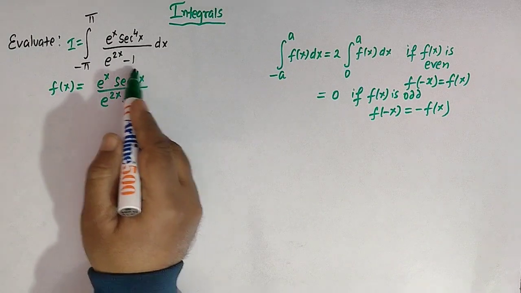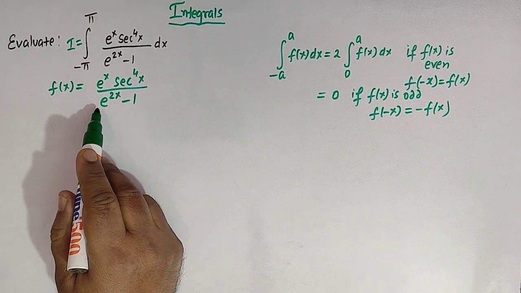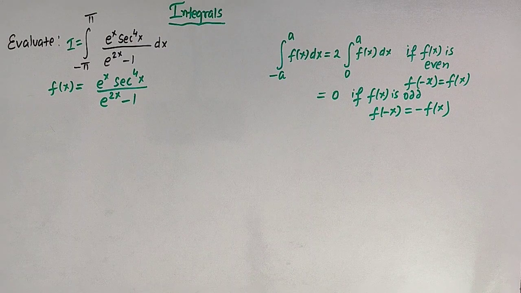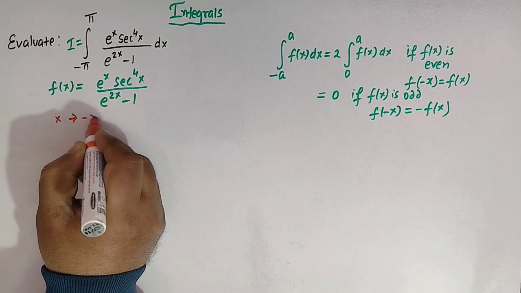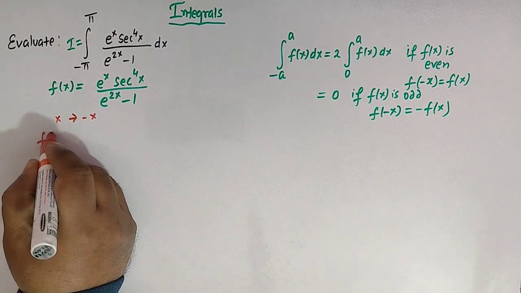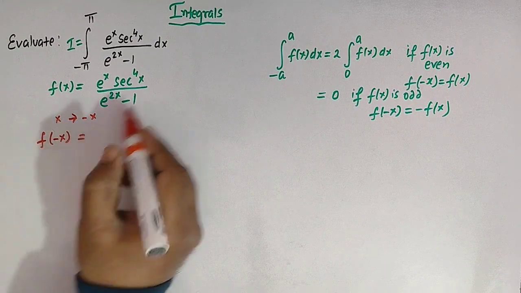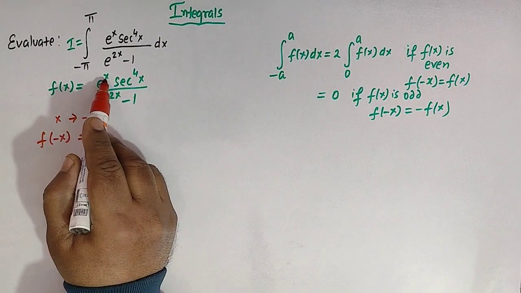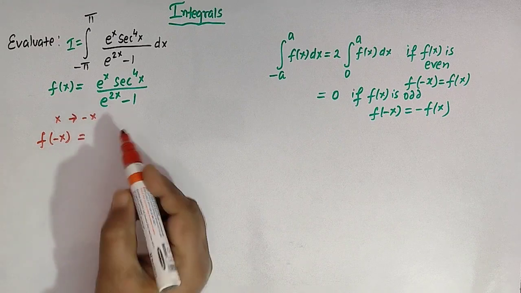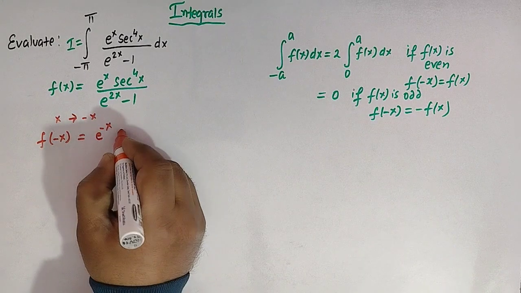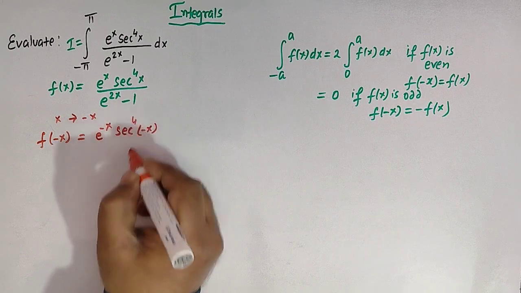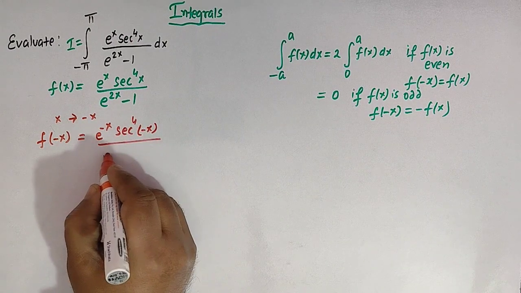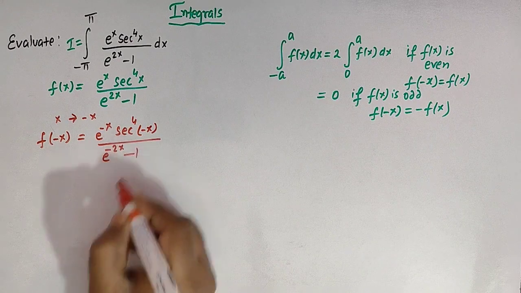So we'll first test whether this function is even or odd. Let us replace x by minus x. We'll get f of minus x: e raised to minus x, secant of minus x raised to 4, over e raised to minus 2x minus 1.